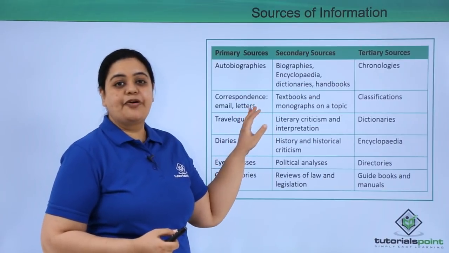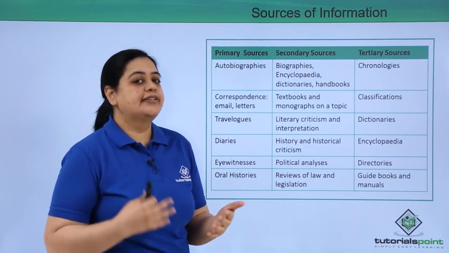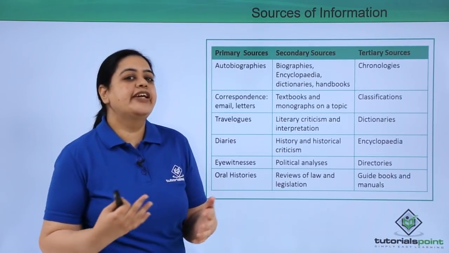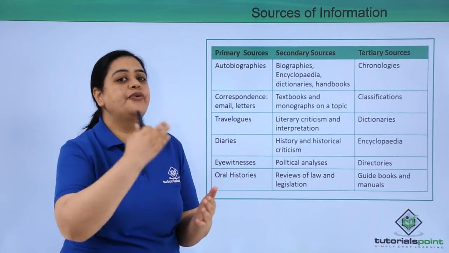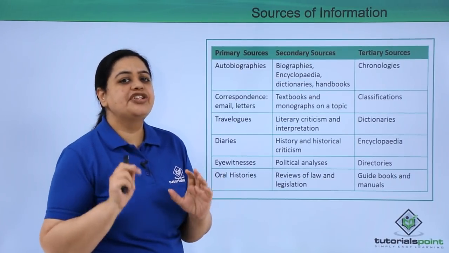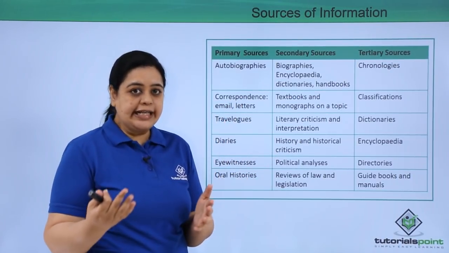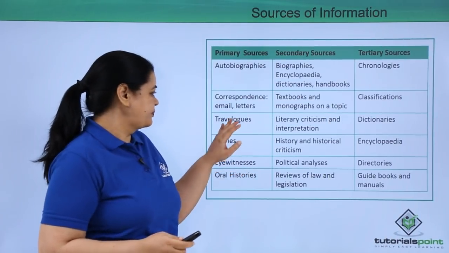It could be correspondence, emails, letters which were being passed. You would have seen, more often in the media, okay, this was a letter written by Indira Gandhi to someone, or maybe Nehru wrote a letter to Indira Gandhi. I'm just giving you an example. So what happened? These kinds of letters become a source of primary information.